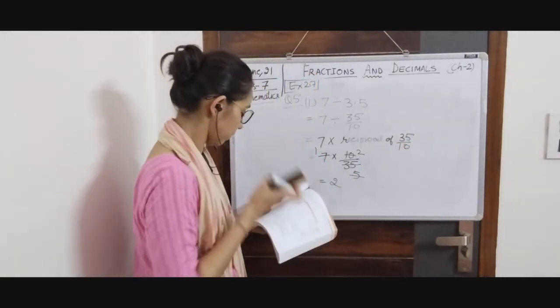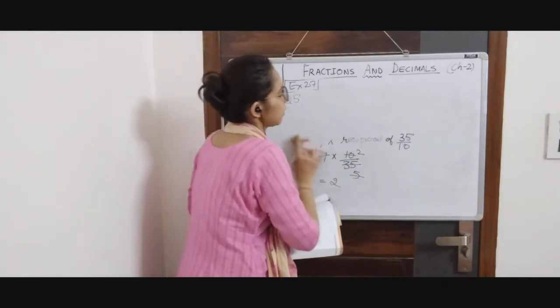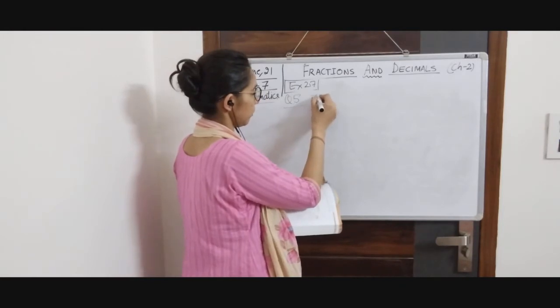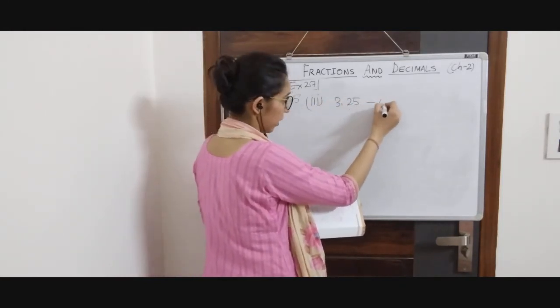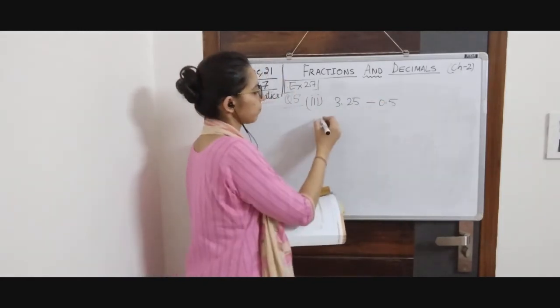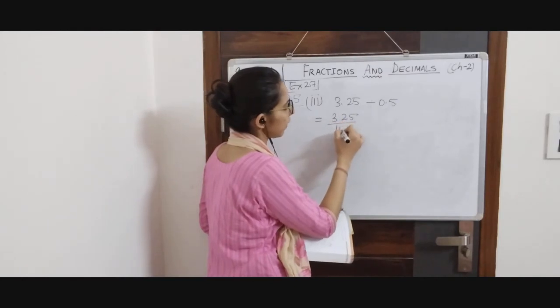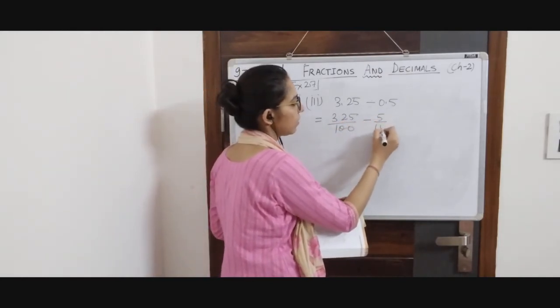Now the second part, or instead the third part. The second part is very similar, so we will do the third part. 3.25 divided by 0.5. That is 325 divided by 100 divided by 5 by 10.